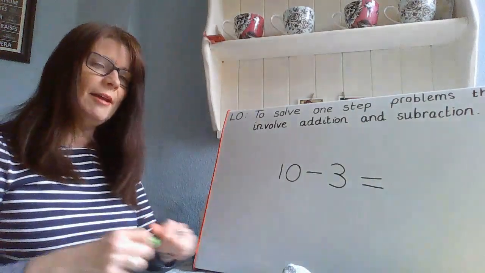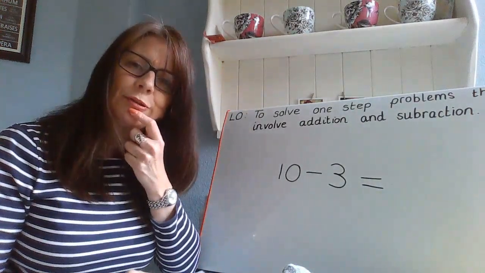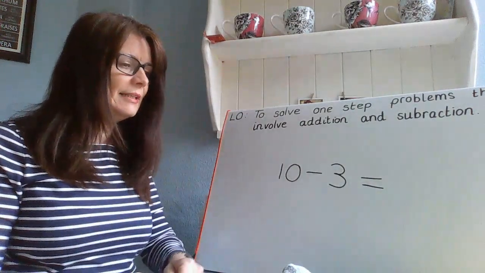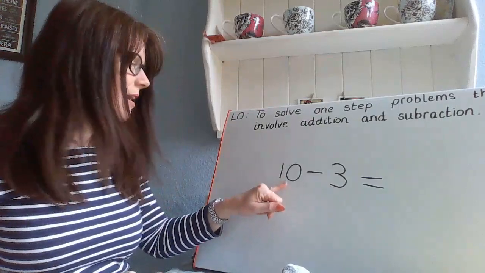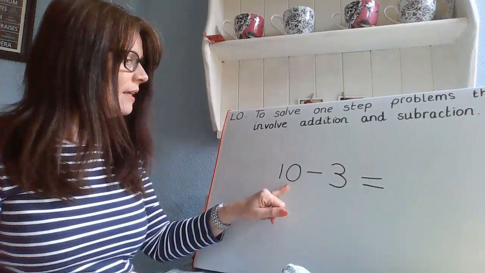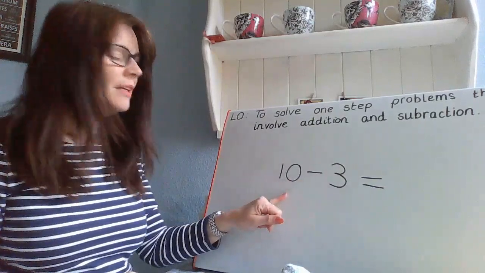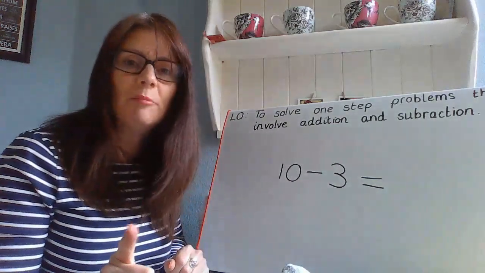Now, I'm going to use my number bond rap first. So, we know that all the number bond numbers add up to 10. But this is a subtraction. But we can still use the number bond rap.